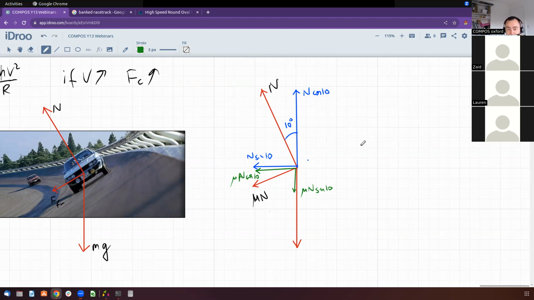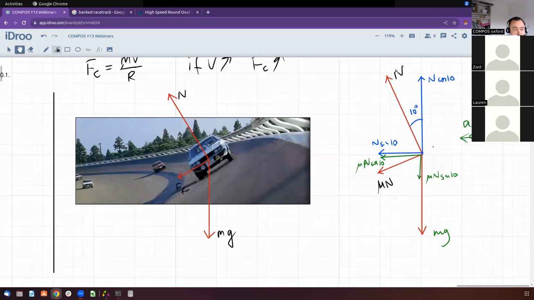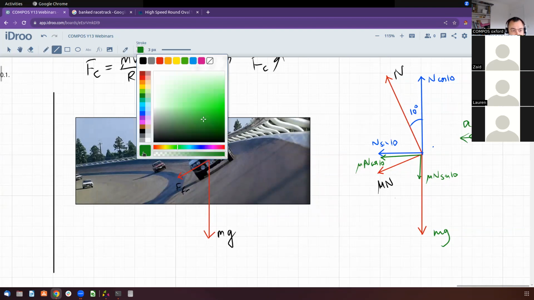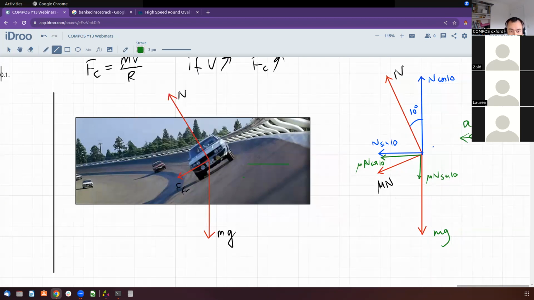So the forces, it's accelerating this way. Yes. So vertically they're balanced because it's not going up or down. It's just moving in a circle. So horizontally, it's accelerating. It's accelerating to the left. The acceleration of this car is towards the center of the circle. Therefore, the acceleration is going to go left.